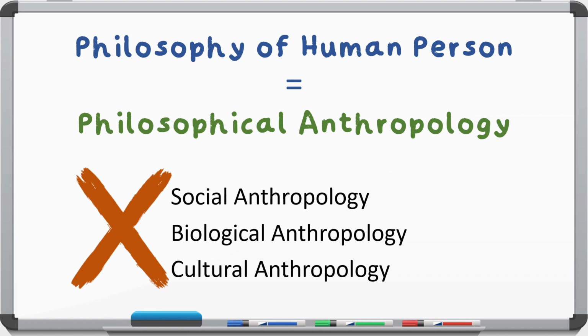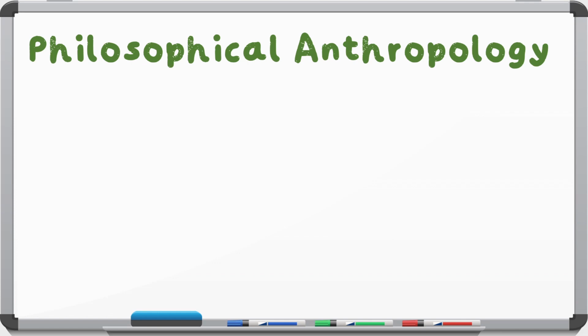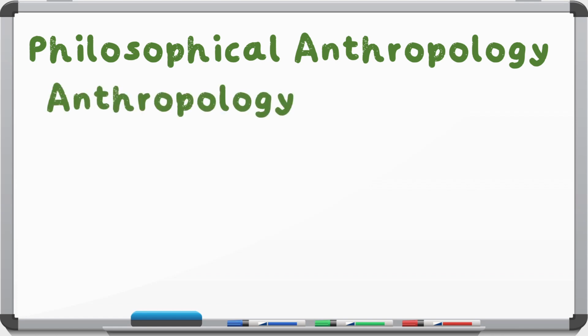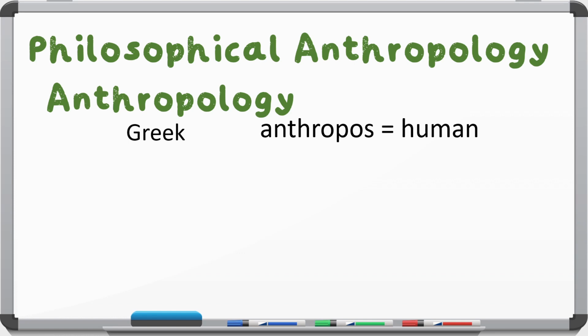So first, what do we mean by philosophical anthropology? We have already discussed what philosophy is in the previous videos. You can watch the short videos about it. So what is anthropology? The word anthropology comes from the Greek words anthropos, which means human, and logos, which means science.